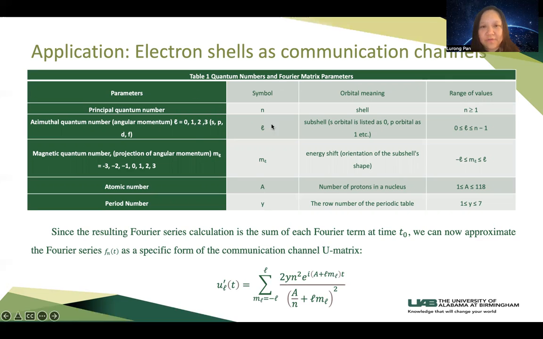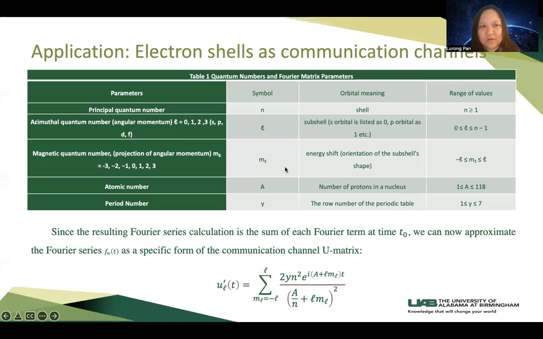So first of all, this is how we define the electron shells around an atom using quantum mechanics, or what we call the original theories of quantum chemistry applied in the field. First is the principal quantum number, which refers to which shell outside the atom the electron belongs to.